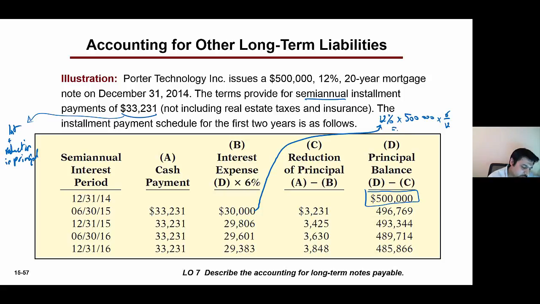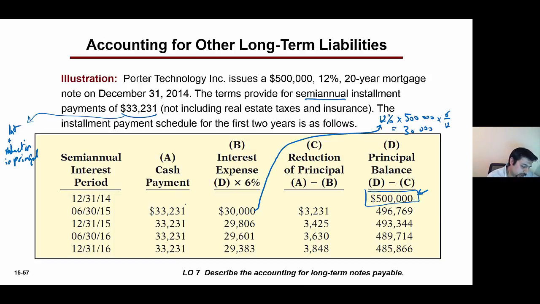And this amount would be equal to 30,000. So it is actually 12% multiplied by the balance in the principal. So this will be 30,000.